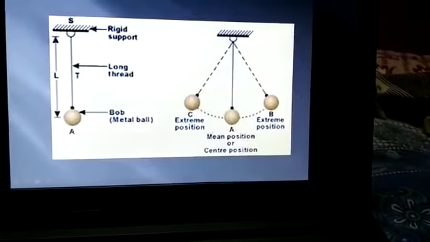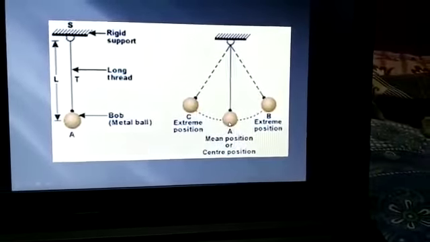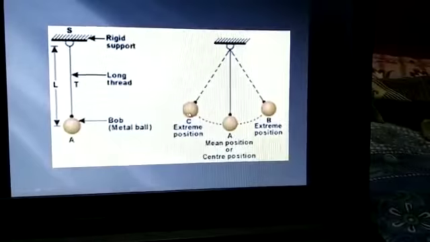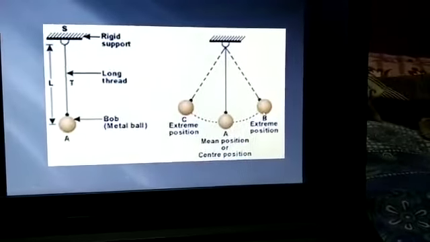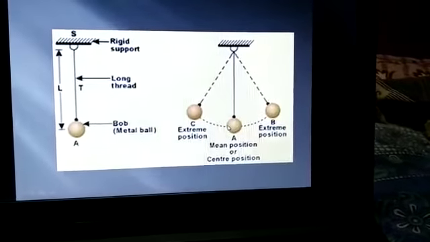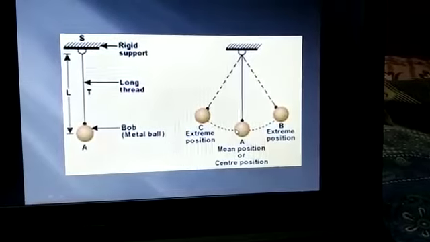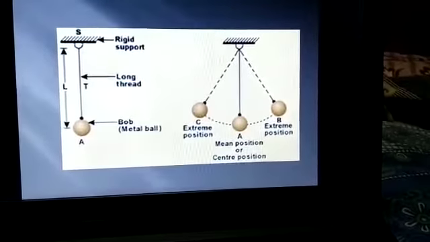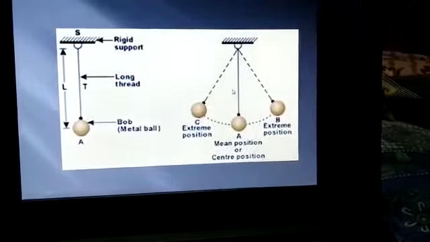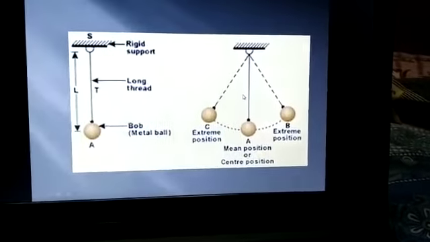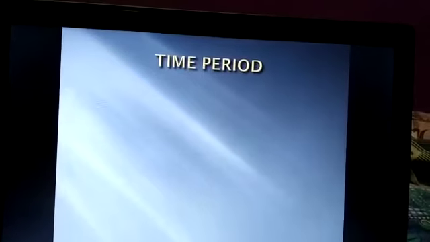To cover this oscillation means from A to C, back to A, again A to B, B to A. This is called one oscillation. To complete one oscillation, how much time does it take? That is called the time period.